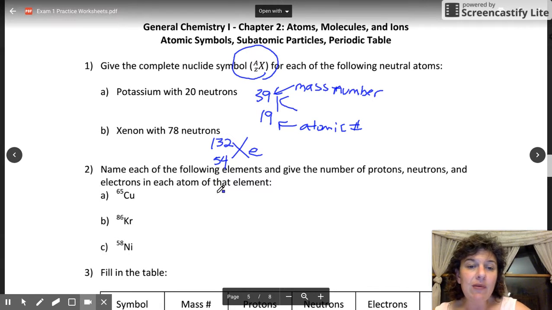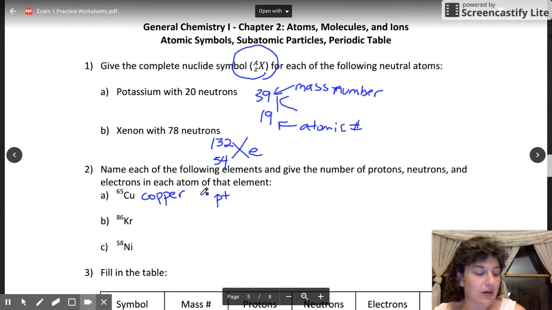All right, so name each of the following elements and give the number of protons, neutrons, and electrons. So this is copper, and it has a mass number of 65. So that means our 65 is our protons plus our neutrons all together. So we look at our protons on the periodic table.